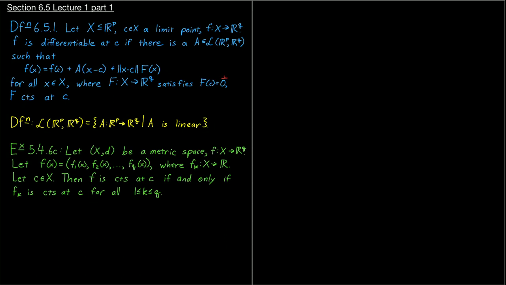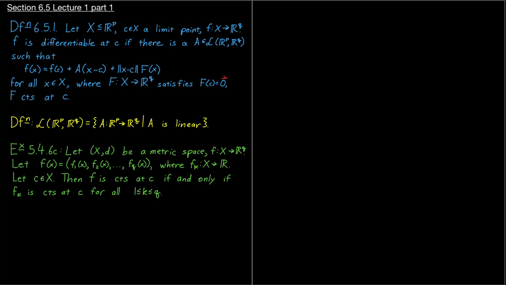And we're going to use this result, and we're also going to use another similar result. We'll prove a similar result for linear functions. And we're going to use that to quickly generalize a bunch of the results from section 6.2 for functions from X into the real numbers to functions from X into R^q.